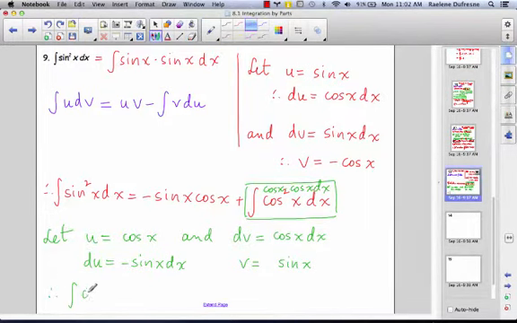And so working out just the green integral, we get that the integral of cosine squared x dx is equal to u times v, which is cosine x times sine x, minus the integral of v du, which is sine x times negative sine x dx. In other words, negative negative is positive, and we have the integral of sine squared x dx. Okay, well, maybe this will become another one of those 2 times the integral examples.